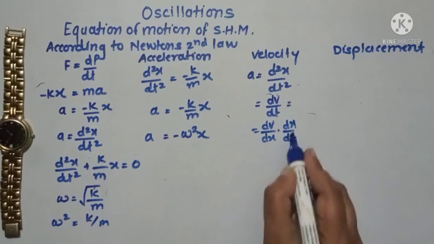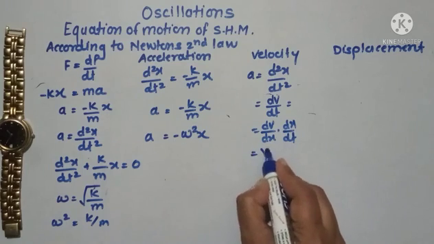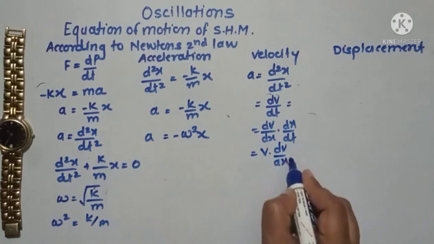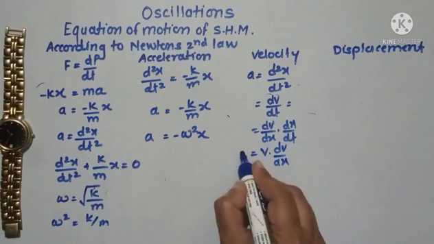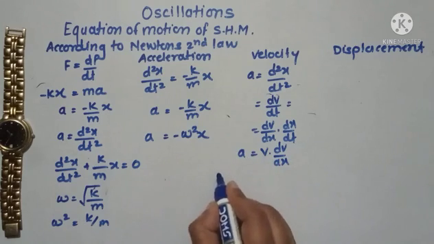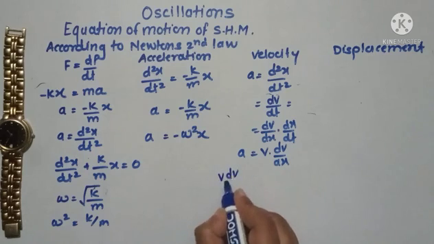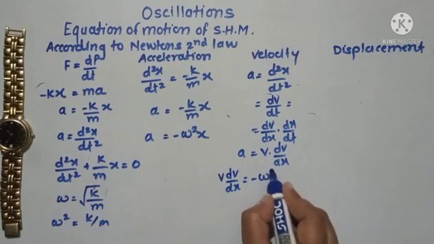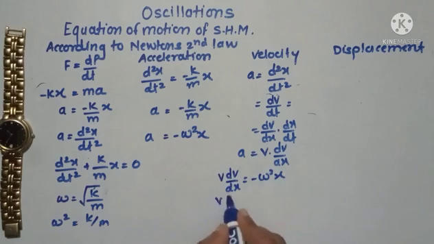We know that dx upon dt is nothing but v, so let me write this as a equal to v dv upon dx. If I put this value of a into this equation, we are going to get v dv upon dx is equal to minus omega square x.